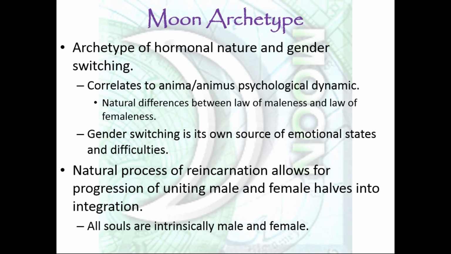When souls go through gender switching, it becomes its own source of emotional states and difficulties. If we have lifetimes being a male and we come back in as a female, hormonally, we maybe don't want to let go of that aggressiveness from all those male lifetimes, and vice versa.